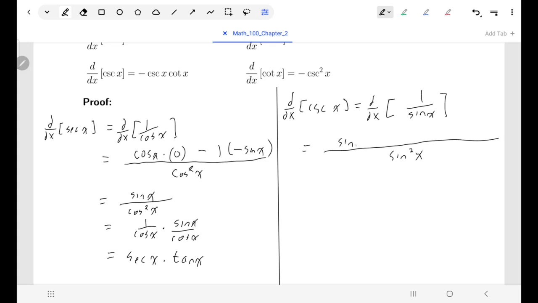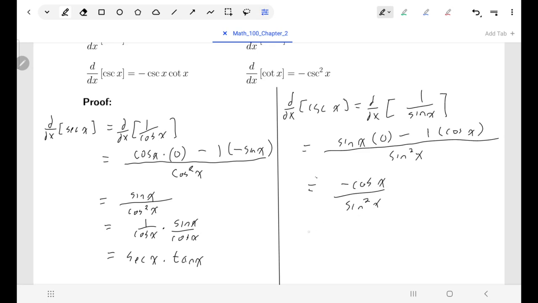The denominator comes up, times the derivative of the numerator, that's the derivative of 1, which is 0, minus the numerator as it is, times the derivative of the denominator. The derivative of sine is cosine. So we've got negative cosine of x over sine squared.